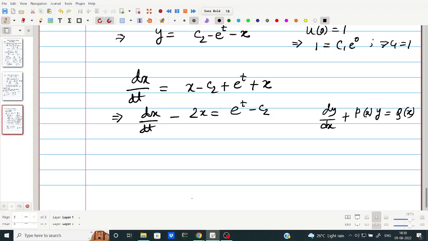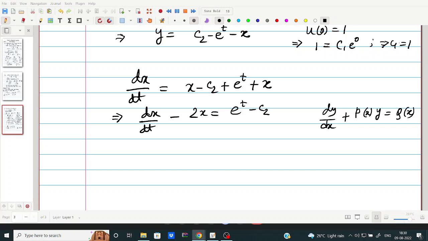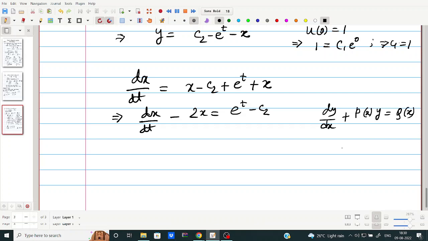If not, then I can tell, no problem, no hesitation. Sharmila Devi, do you know how to solve this type of differential equation, dy/dx plus p(x)y equal to q(x)?